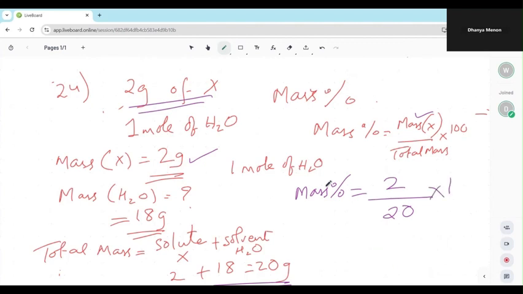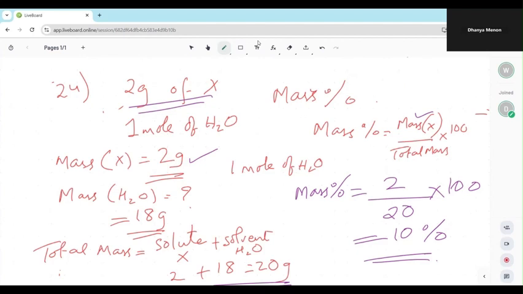So see, instead of giving the masses directly, you have to find out some masses and you have to find out the mass percentage. Only be familiar with the formula and also to substitute the correct values. Okay, so it was a simple question, but be careful with the calculations.